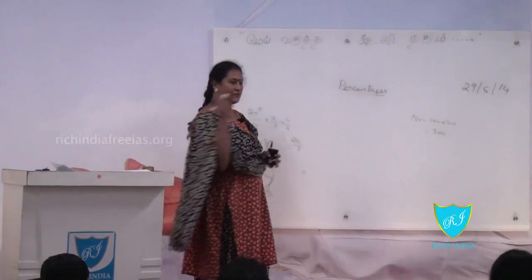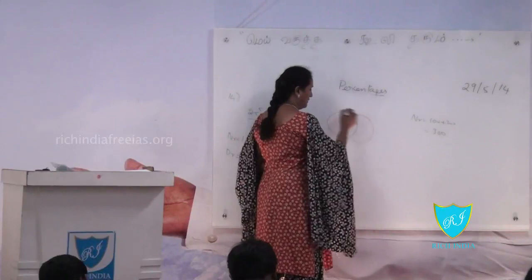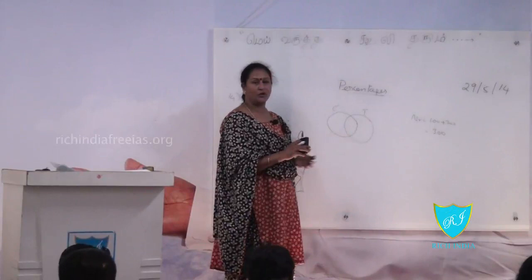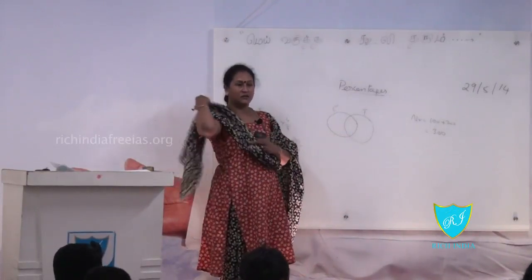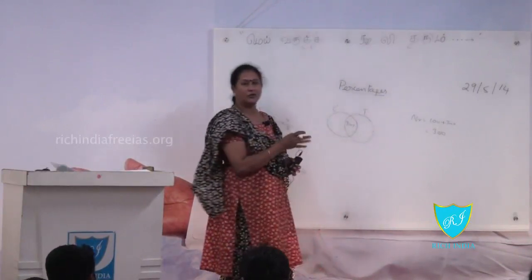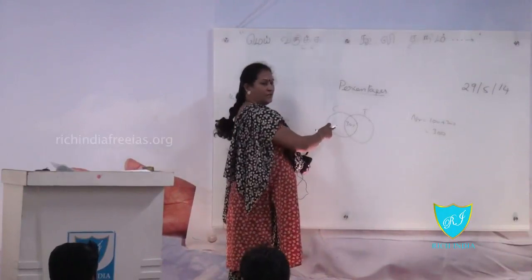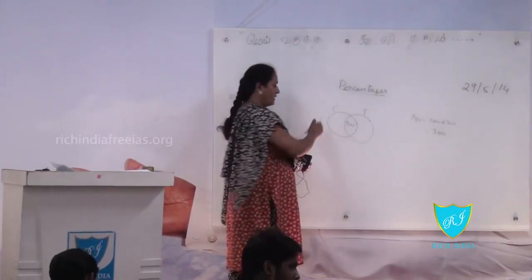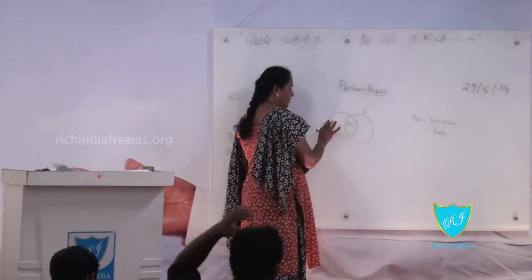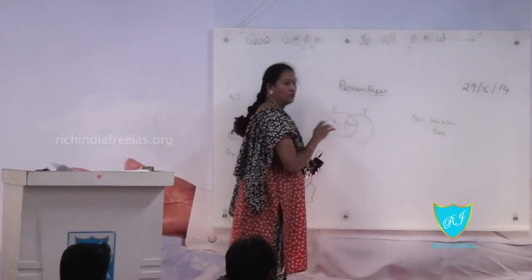So for the 15th question you have two details, coffee and tea. So first you have to fill the intersection. How many drink both? 30. So 30% drink both, and how many drink coffee? 40. So here it will be 10. So in this coffee circle you should have 40. Already you have 30% of people, so you write 10 here, and here the total is 80.